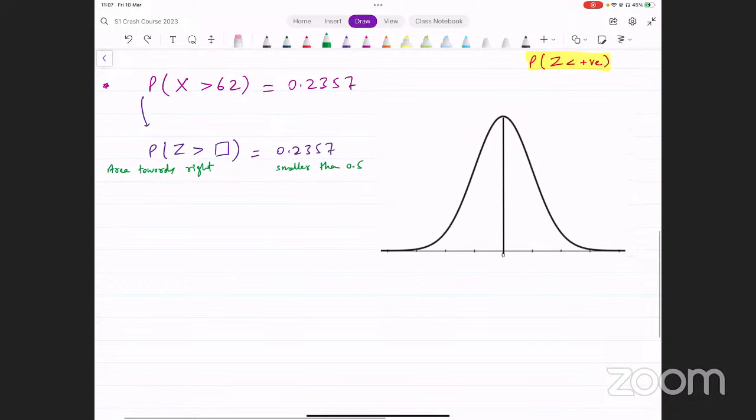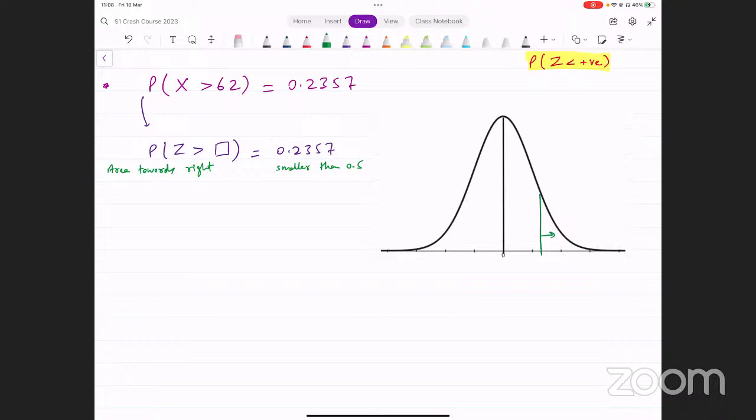Right? Now, where do we place Z? If we place Z here, what's the area to the right? Is it bigger than 0.5 or smaller than 0.5? It's bigger than 0.5, right? Area to the right here would be bigger than 0.5. So we can't place Z on this side. If we place Z on the right side, the area to the right of it is smaller than 0.5.